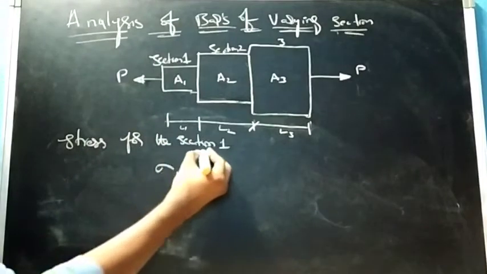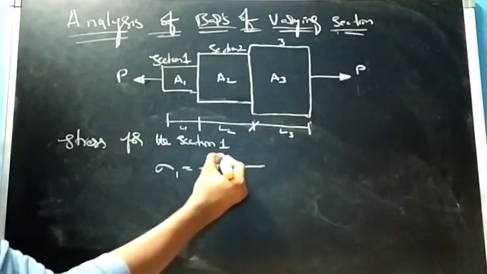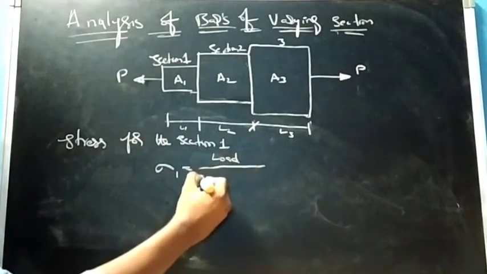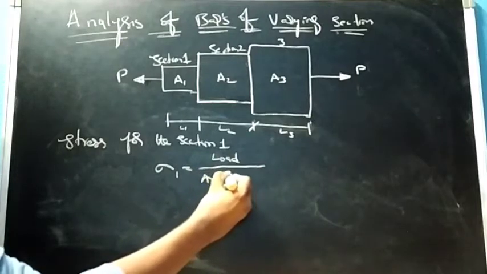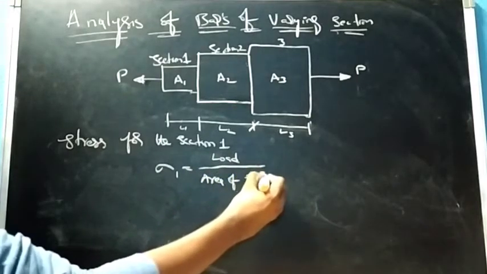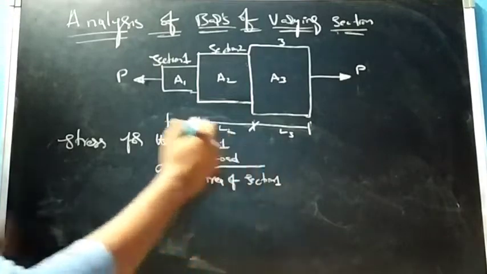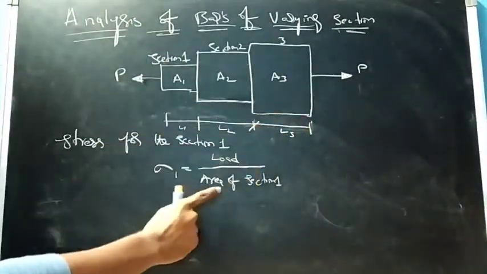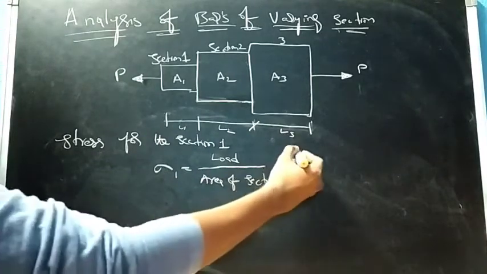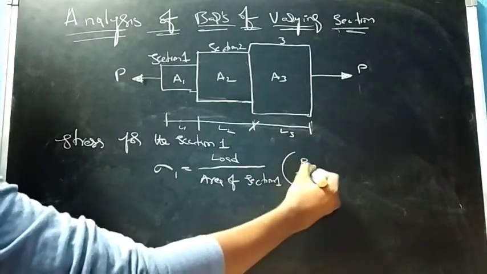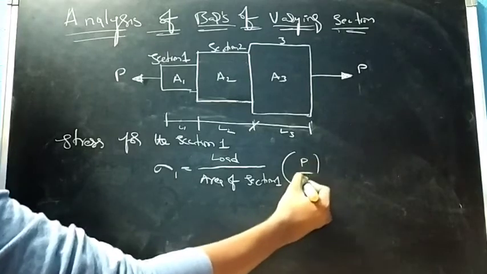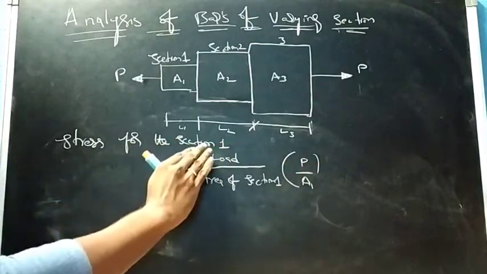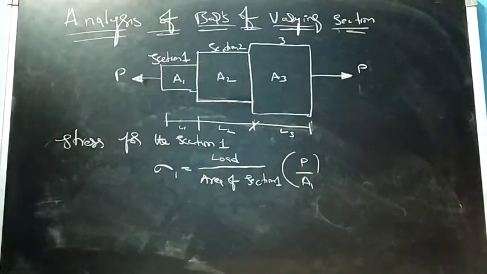So sigma 1 will be load upon area of section 1. So we are analyzing this individually, then we are going to add up. So that is area of section 1. So P by A1 will be the stress for section 1.